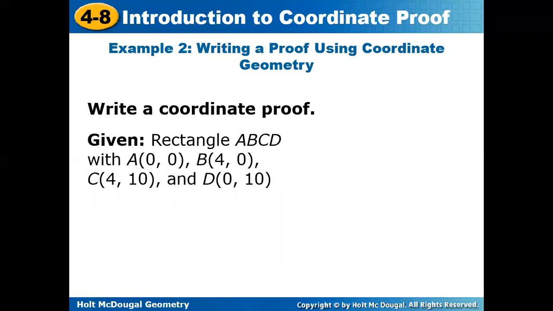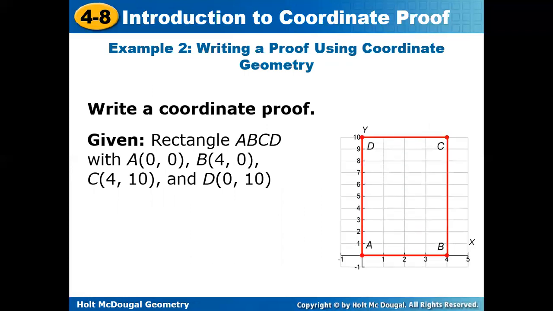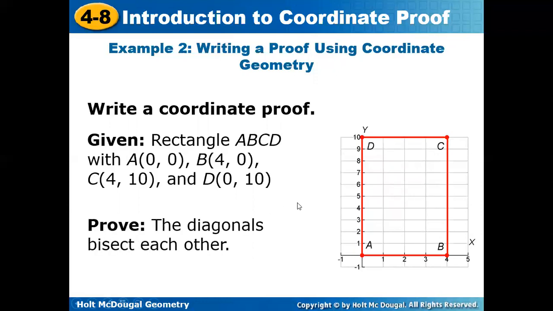Write a coordinate proof given rectangle ABCD with A (0, 0), B (4, 0), C (4, 10), and D (0, 10). We position the rectangle like this. Prove that the diagonals bisect each other.